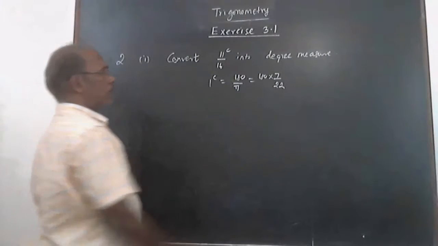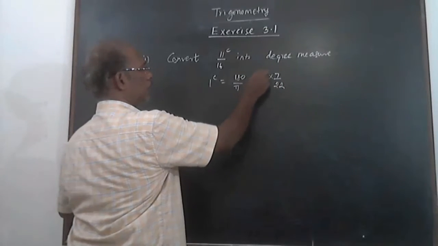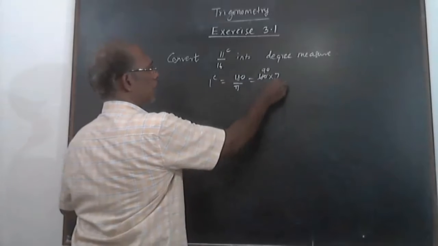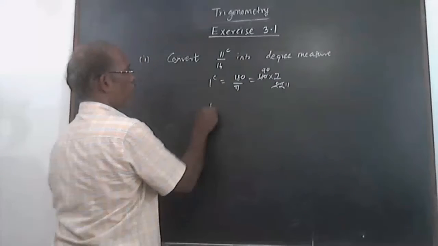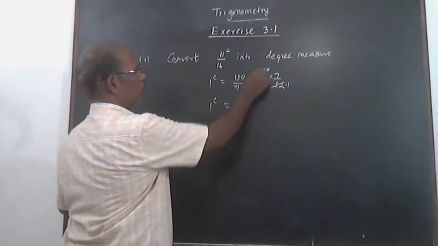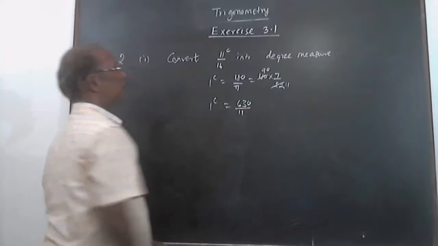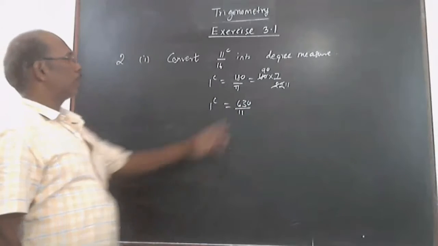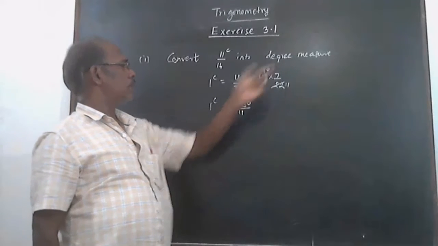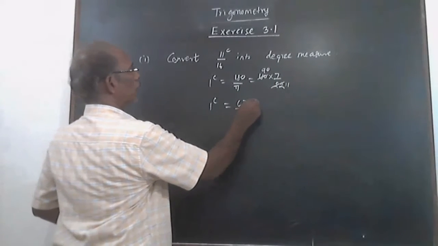By the 2 table, this is 90 and this is 11. So 1 radian equal to 90 into 7 by 11, that is 630 by 11, or we can keep it as 90 into 7. This is 1 radian in terms of degree.